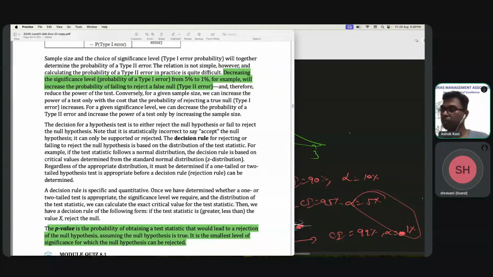This is another problem, the way they write. Failing to reject means you read it as accept. Accepting a false null will increase the probability of type 2 error.